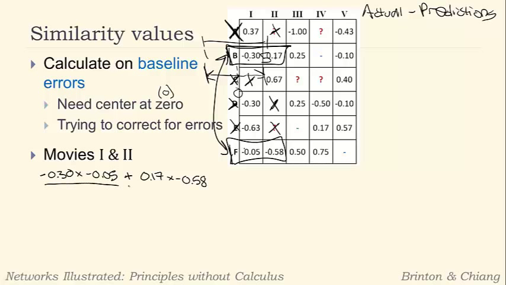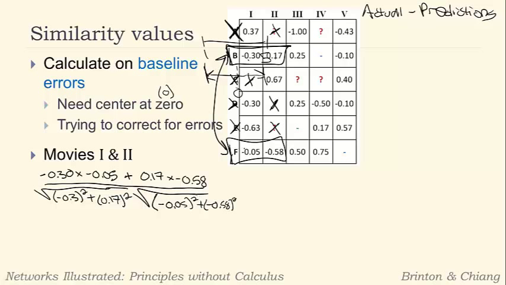And then remember, we have to divide by the length. So we divide by the square root of b1 squared plus b2 squared. So this is negative 0.3 squared plus 0.17 squared. And then we multiply that by negative 0.05 squared plus negative 0.58 squared.